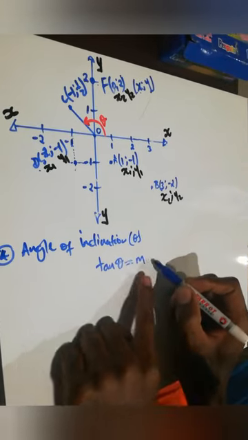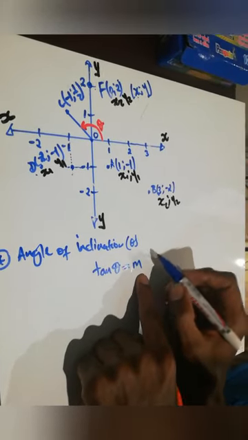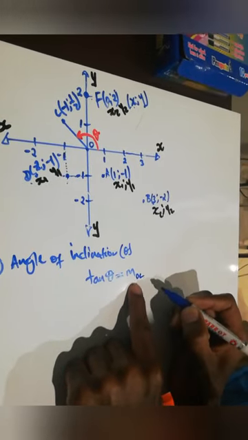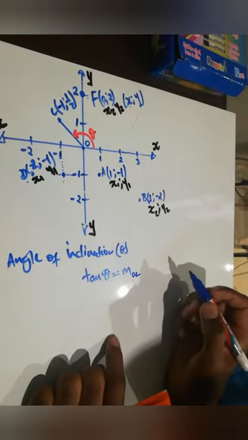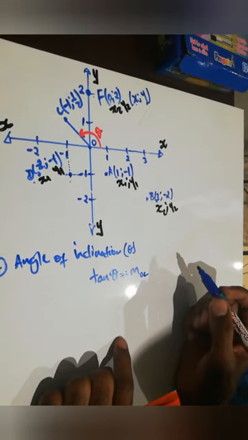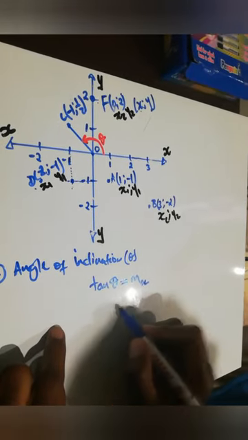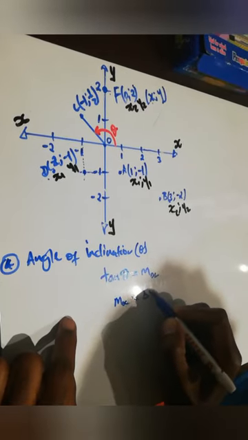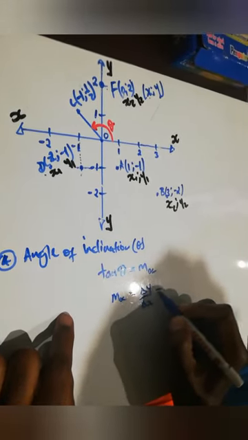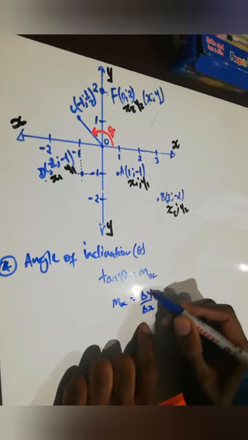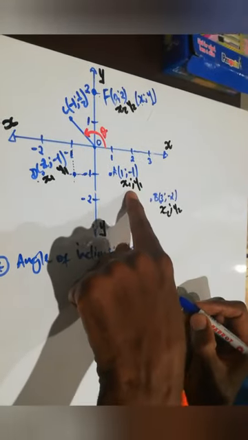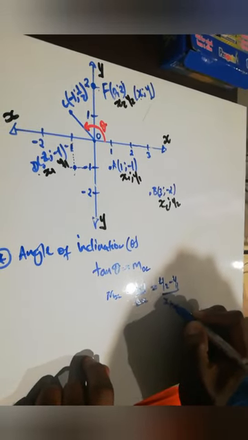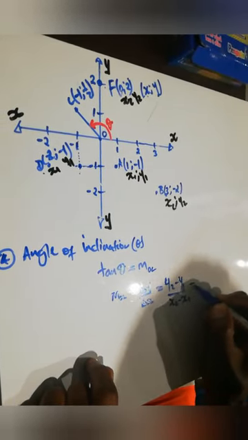So first we need to get the gradient, which is our m. This is the gradient of line OC, the line that the angle is actually created on. So m of OC is equal to change in y over change in x, which is y2 minus y1 over x2 minus x1.